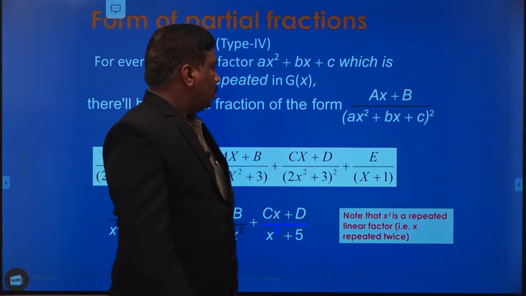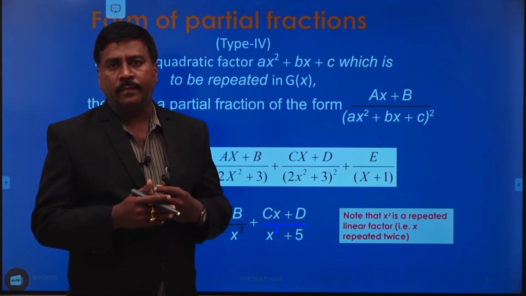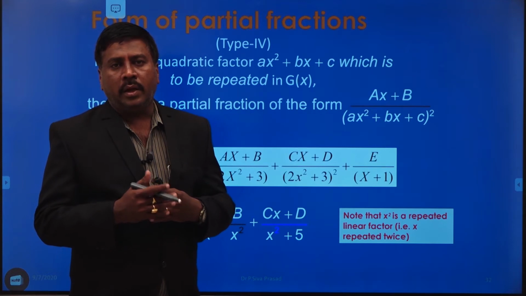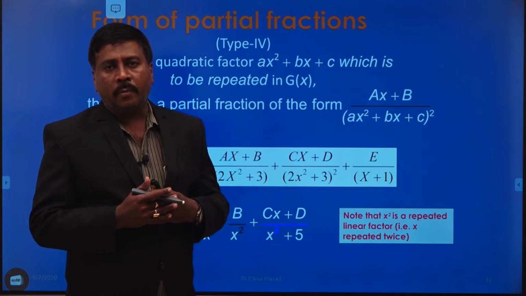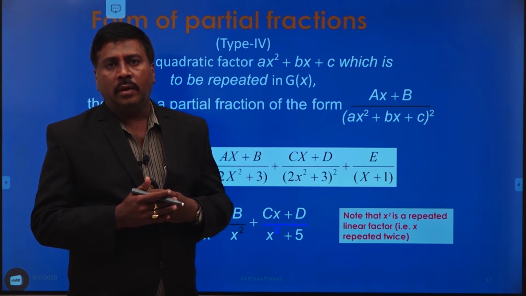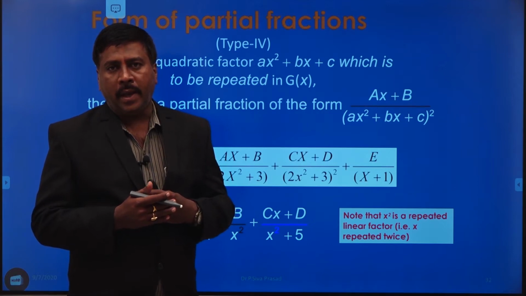Okay. In type 1, once again I will recapitulate whatever you learned in the previous lecture. In type 1, if the proper fraction has in g of x linear factors which are non-repeated, then we consider the partial fraction as A by ax plus b.